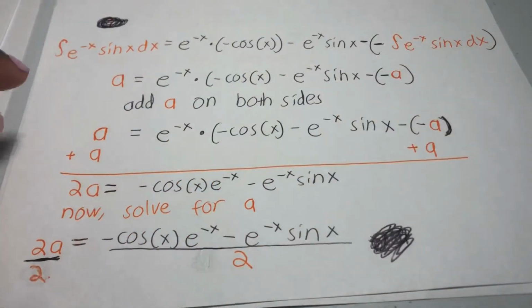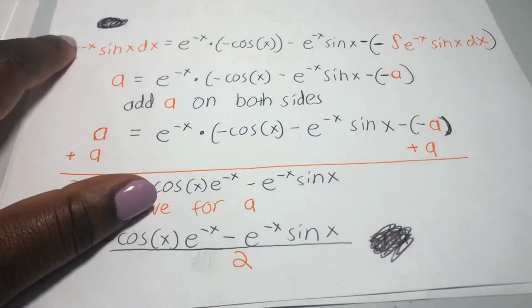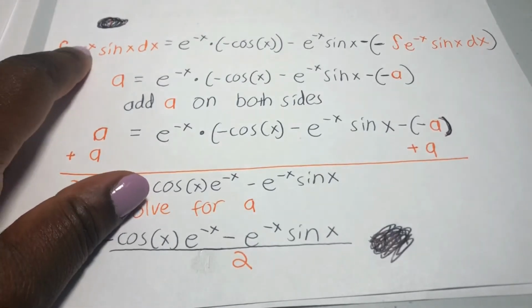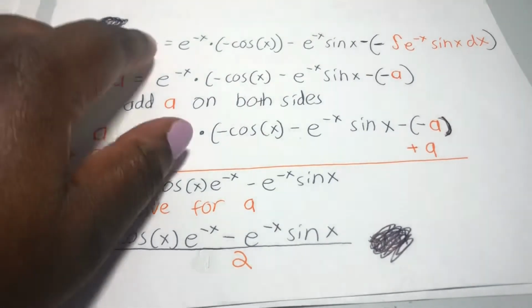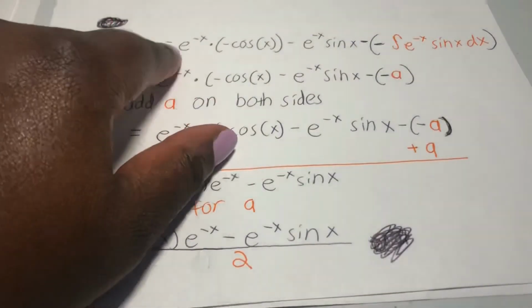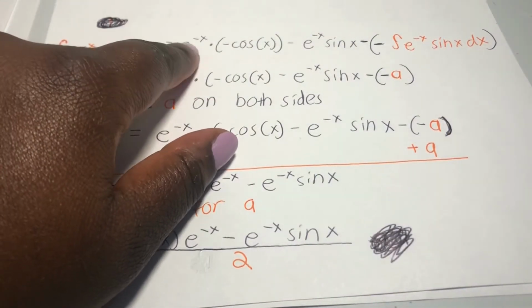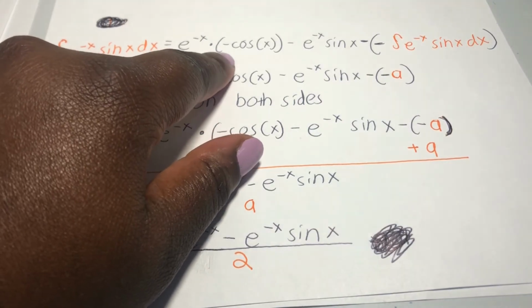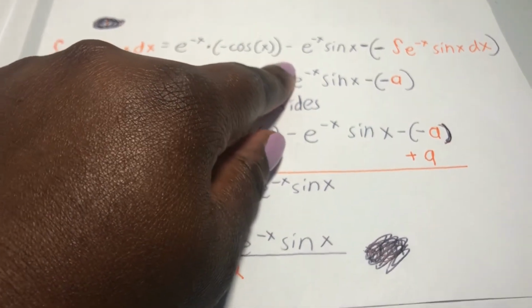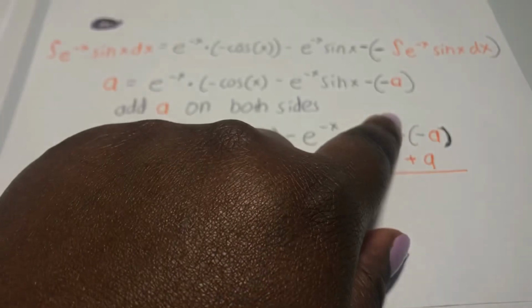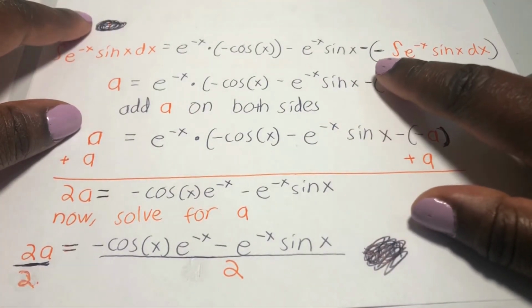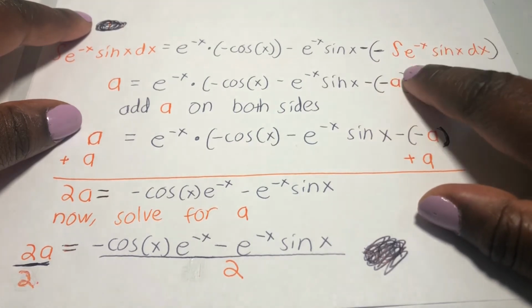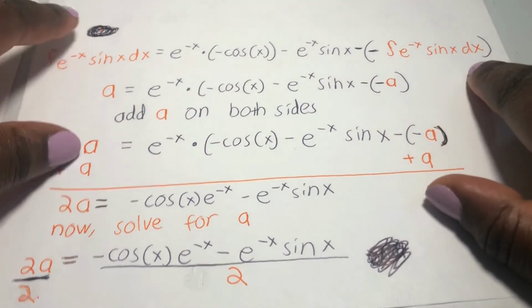All right, so the integral of e to the negative x times sine x dx, which is what we originally have been trying to solve, is equal to, and this is from the second iteration, the whole shebang from the second iteration, e to the negative x times negative cosine x minus e to the negative x times sine x minus negative the integral of e to the negative x times sine x times dx.